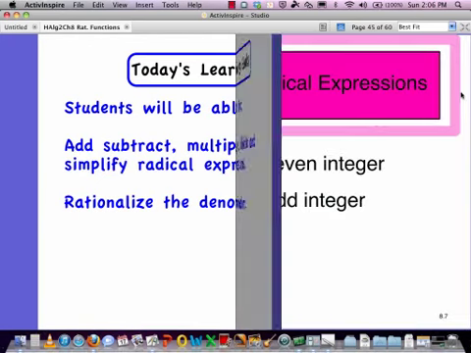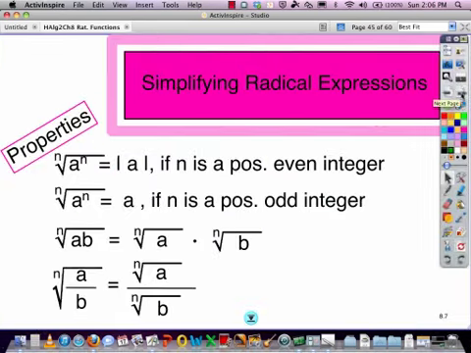So let's get started. There are a couple of properties that you definitely need to have seen and worked with, and that is if you have a radical whose root and power match, then the answer will always be the absolute value of a if n is a positive even integer.